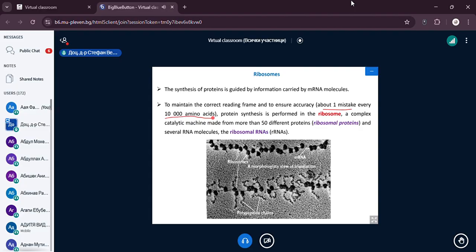Rarely we have polypeptide chains longer than 2000 amino acids. So you can see one mistake for every 10,000 amino acids is a very huge accuracy. But yet sometimes abnormal proteins can be produced. That's why we have the proteasome and this machinery which recognizes them and degrades them.